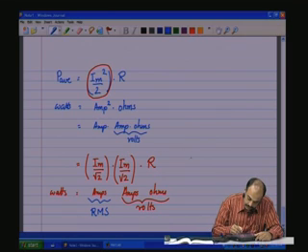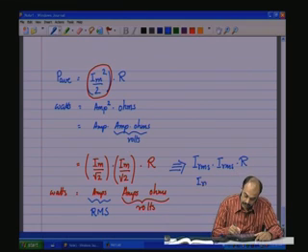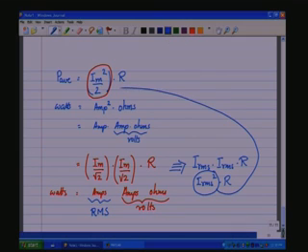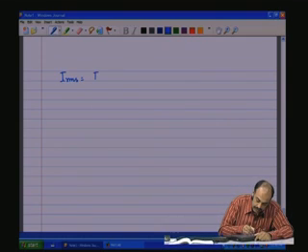Which means this can be written as I RMS into I RMS into R, or I RMS square into R, where this is nothing but this value Im square by 2, and therefore, I RMS is equal to Im by root 2.